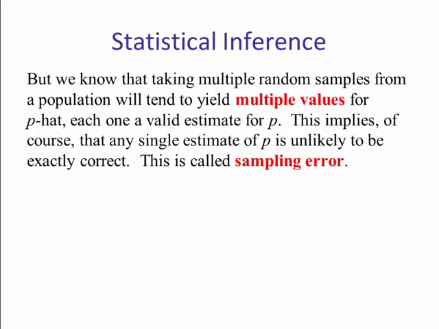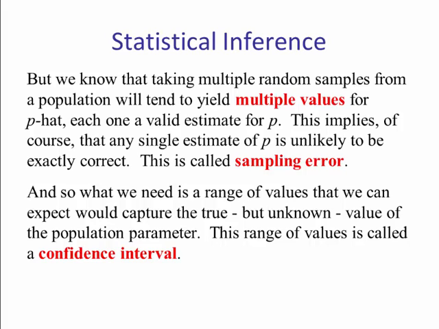And of course we know that when we take multiple random samples from a population, it will yield multiple values of p hat, and each one is a valid estimate of the population proportion p. So this implies that any single estimate of p is unlikely to be exactly correct. We call this sampling error. So every time we do a sample, we expect p hat to change a little bit.